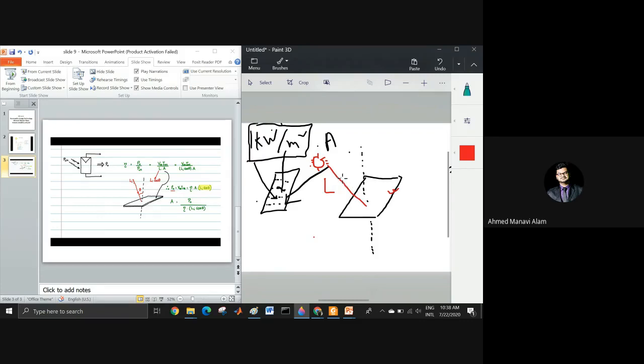Suppose the angle at which the sun gives its light is theta. Now the perpendicular portion here will be Li cos theta. This is from simple trigonometry.